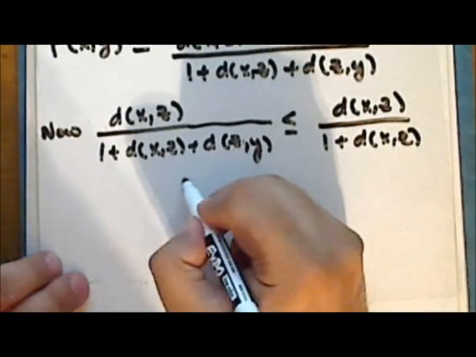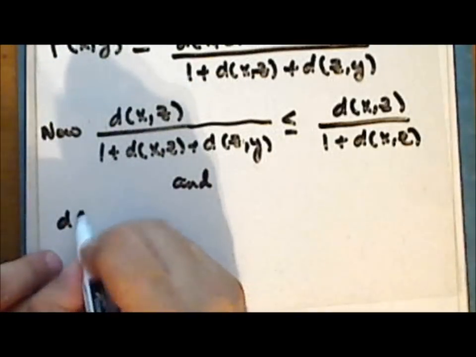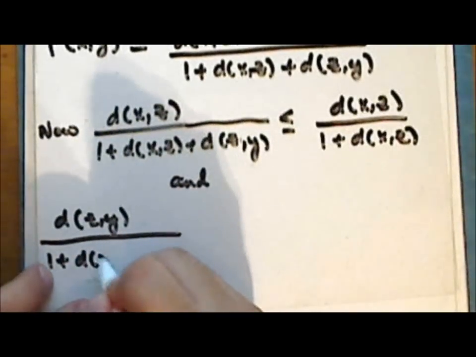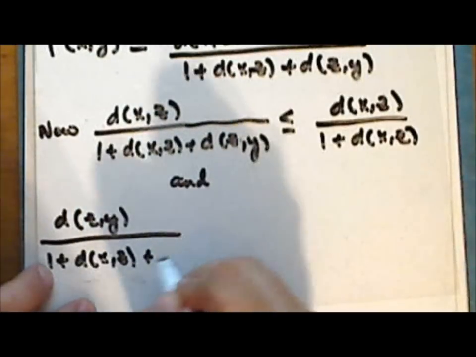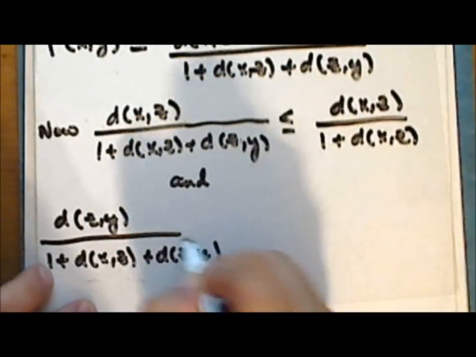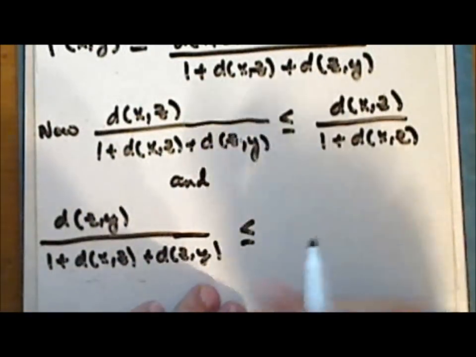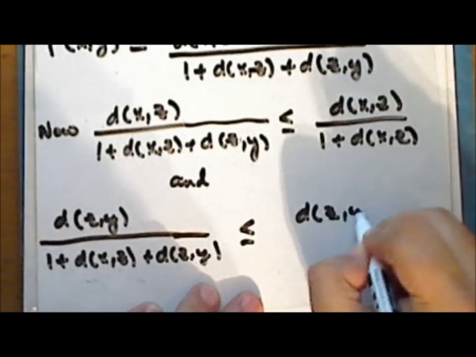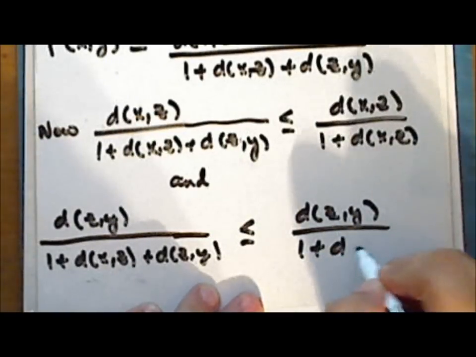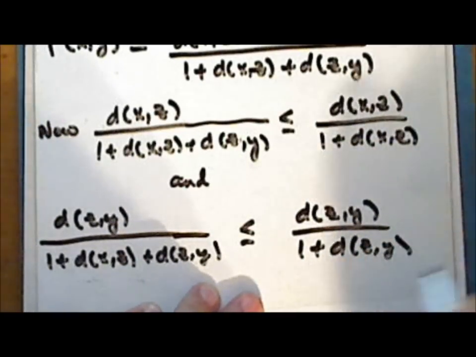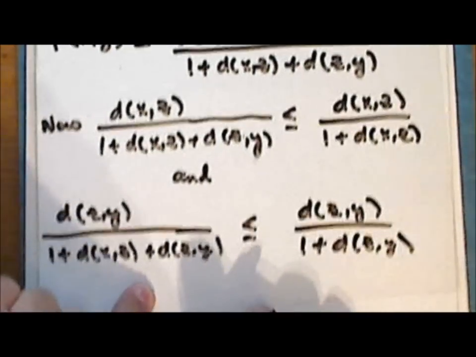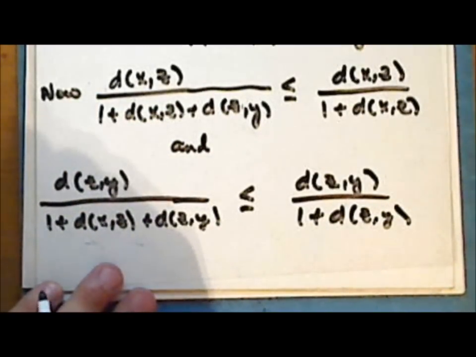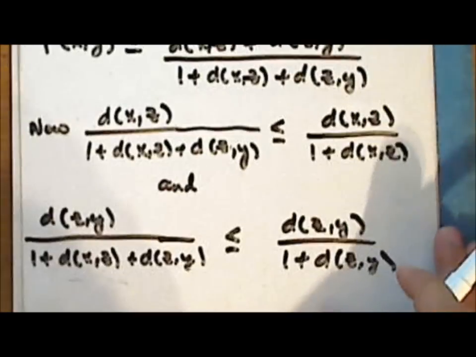And the distance from z to y divided by 1 plus the distance from x to z plus the distance from z to y is less than or equal to the distance from z to y over 1 plus the distance from z to y. And this inequality also can be strict if the distance from x to z is not 0. So we have two inequalities.